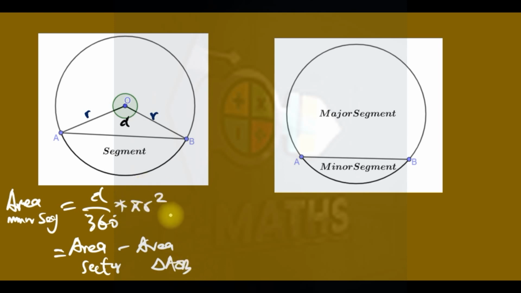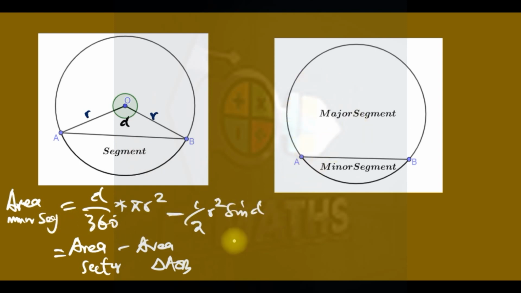Remember, this is side-angle-side, so it's half r squared sine alpha. If you are given two sides and an included angle, the area of the triangle is half times the product of the two given sides times the sine of the given angle. So that's it for the minor segment.